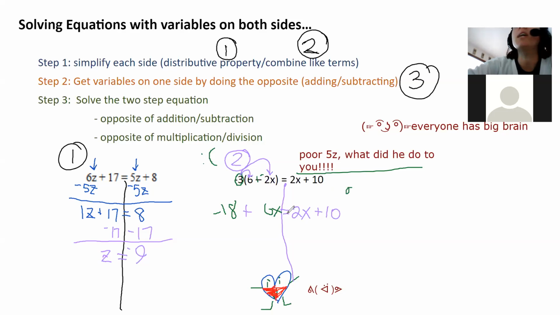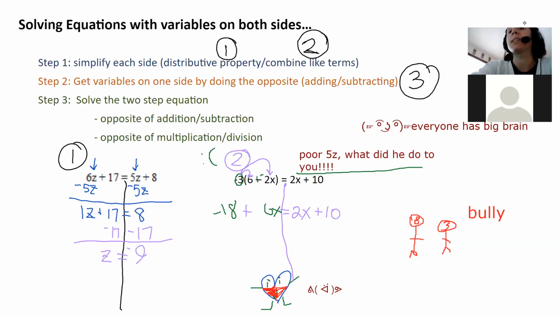Okay, so let's pick on the little guy. Let's move him over. Which one are we going to move over to the other side? We could move the 6x. We totally could. But then you'd be dealing with negatives. So I'm going to tell you to always pick the smaller one, because then you don't have to deal with any negatives, right?